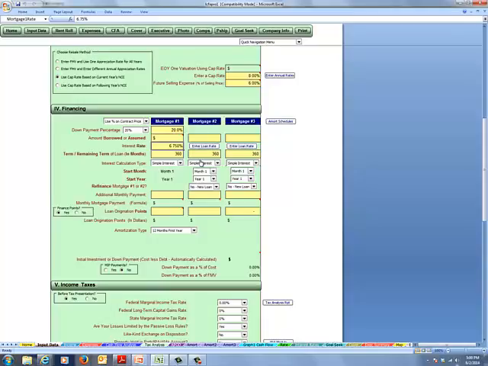We're probably going to be looking at Fannie Mae paper, which is typically 20% down. The interest rate right now, as we're recording this, is approximately 4.5, and the term is going to be 30 years or 360. If it was 25 years, you put in 300. As you can see, it says in months.